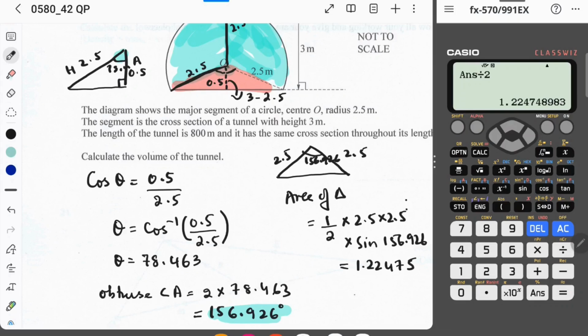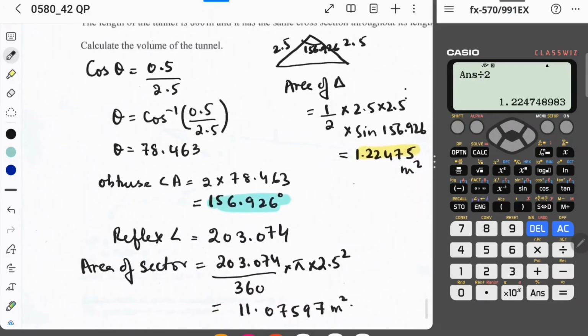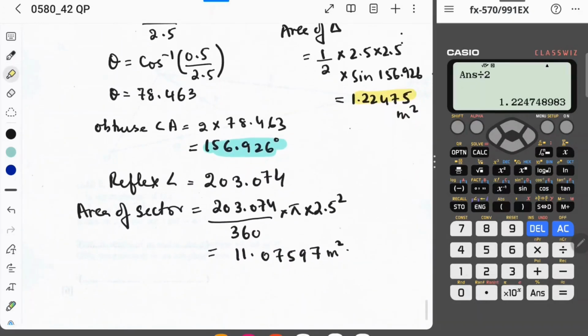And you have already the area of the sector as well, which we have already found, 11.07597.